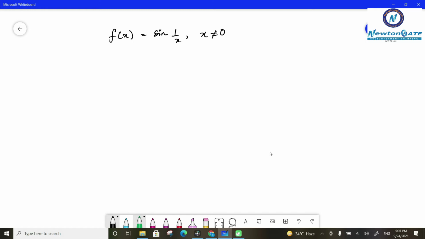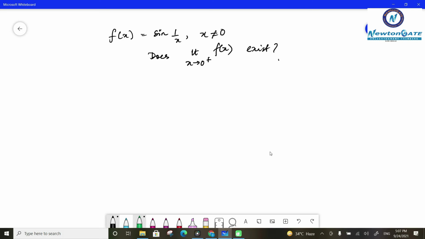Definitely because if x becomes 0, then the function will become obsolete or it is not defined. Now I want the function to be defined, so definitely I am not going to be taking x equal to 0. Now the question is, does limit x tends to 0 plus f(x) exist or not?